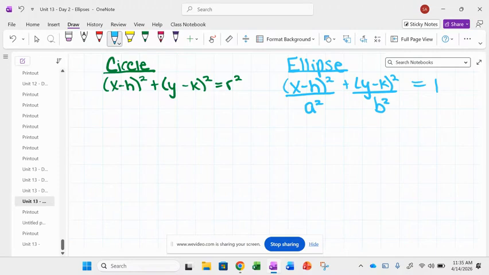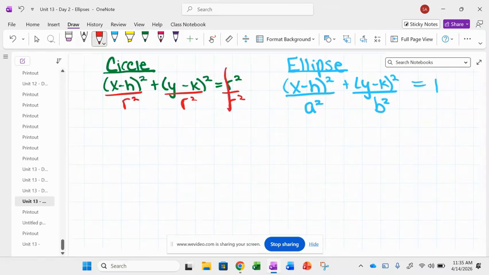Can I manipulate the circle to make it equal 1 without changing its value? Absolutely. We know this based on the rules of algebra: as long as what I do to one side, I do to the other side, it stays the same. So what can I do to make r squared into 1? I can't subtract r squared, because that gives 0, and I want 1. Good. We're going to divide by r squared to make it equal 1. When I divide by r squared, I need to divide every single term by r squared to keep this balanced.